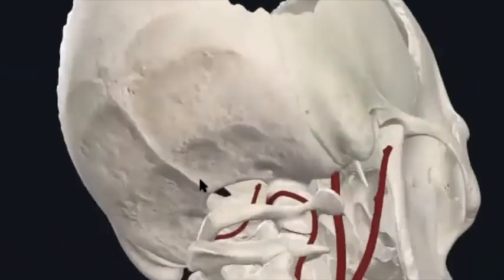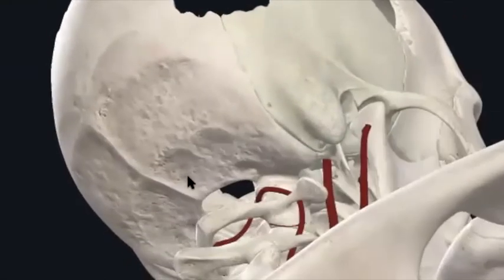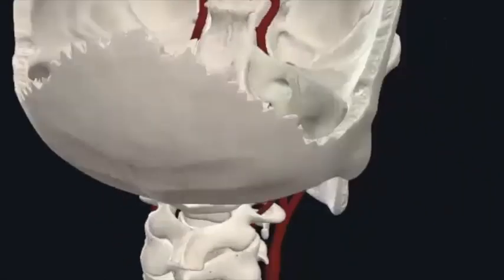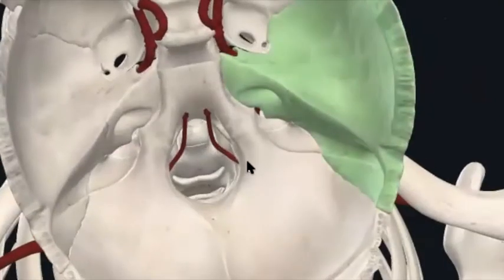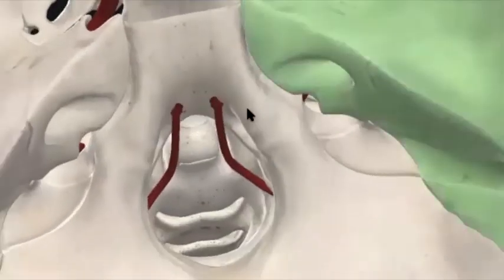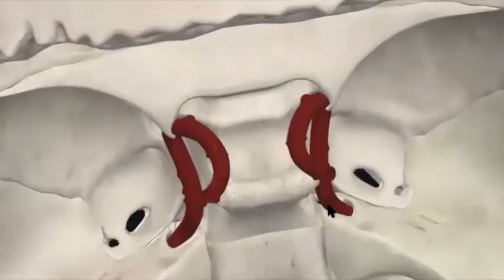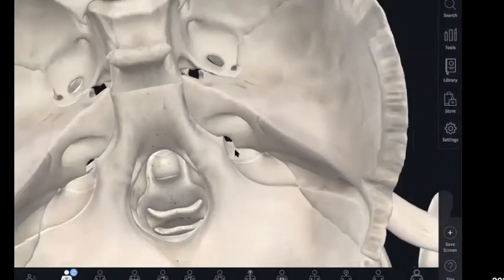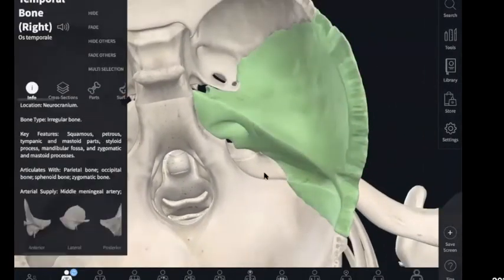So if you remember from the other side, well, it's kind of hard to see. I'd have to remove everything. But from the other side, the carotid canal and the jugular foramen were right next to each other. But the canal goes through this area and then comes out on the other side of the petrous portion of the temporal bone. So that's your carotid canal. And that'll be it for the inside for your temporal bone.